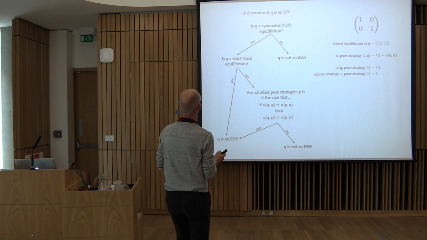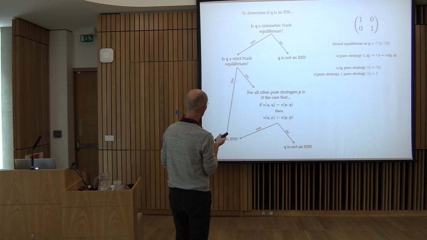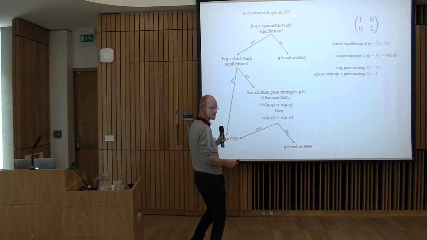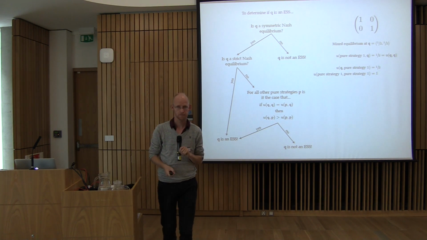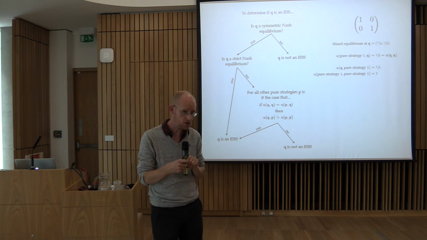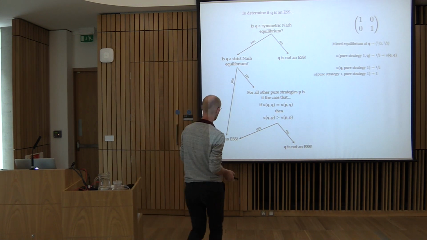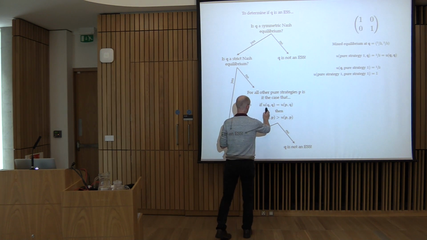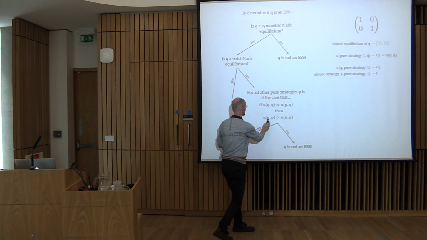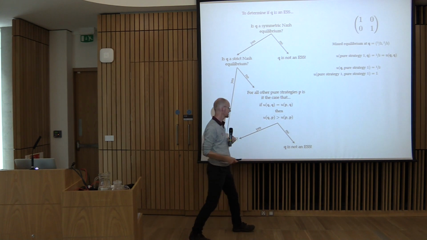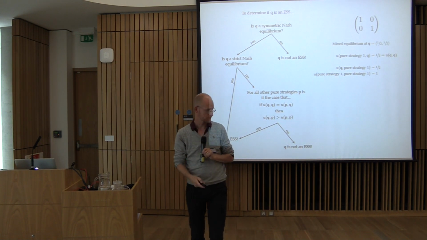If it's symmetric, then if it's a strict Nash equilibrium, then it's certainly an evolutionary stable strategy. If it's not strict, that means there is another strategy that has an equal utility of playing against Q. Then it must be that you play better against P than P plays against itself. So it can still be evolutionary stable.